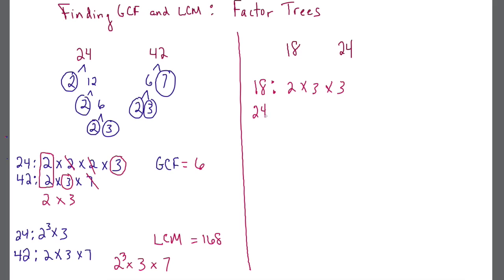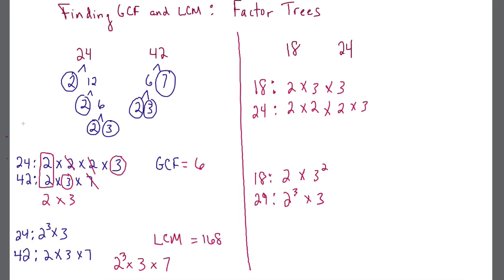And 24 is going to be broken down to 2 times 2 is 4, times 2 is 8, times 3 is 24. All right, so again, let's write this in exponential form. So 18 becomes 2 times 3 squared, and 24 is 2 to the third power times 3.